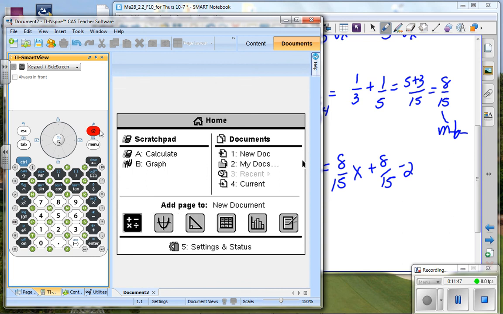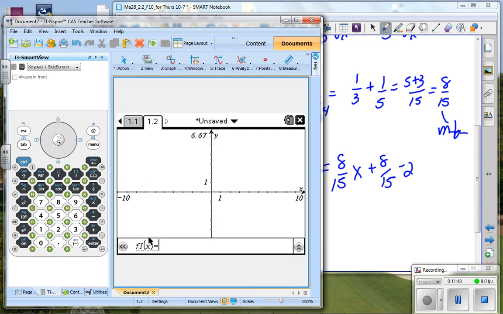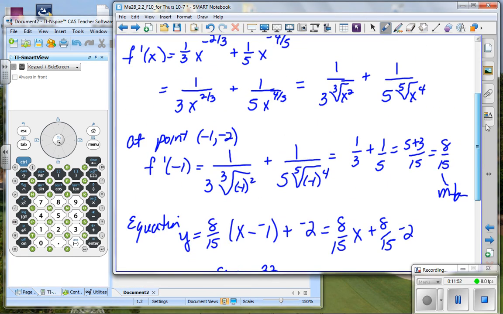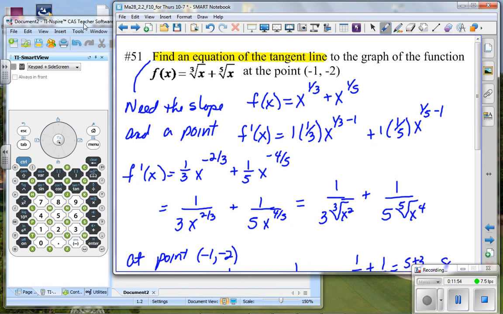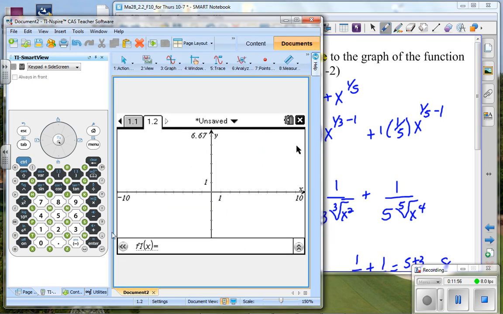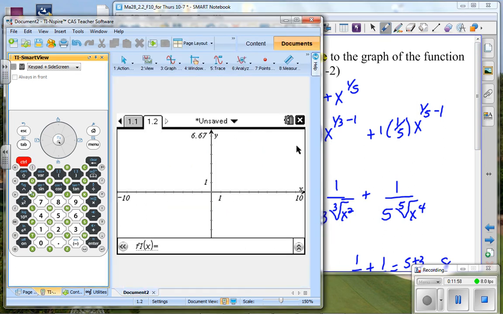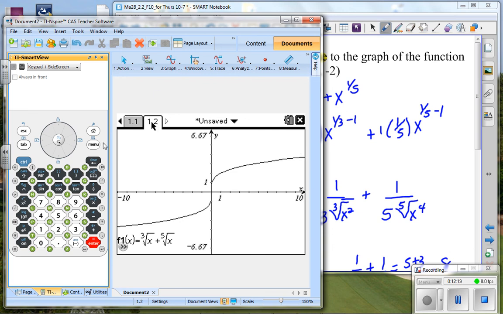So take your Inspires and let's do a graph. Let's go back to our original problem, the cube root of x plus the 5th root of x. Let's do the cube root of x plus, now I'm doing the control on the caret because that allows me to put in a different root index, 5th root of x, and enter.